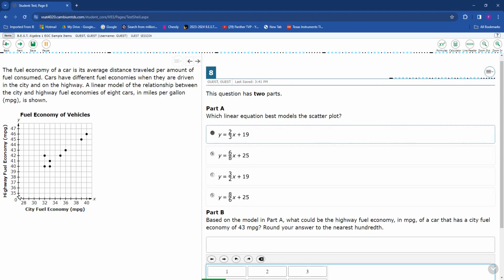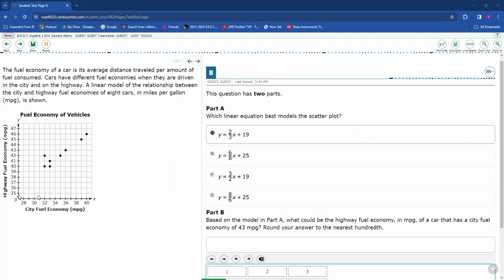Don't forget to read your labels. If I move this bar, you can see that the y-axis says highway fuel economy versus the x-axis city fuel economy. So we're looking for y. We have the equation now. We just need to plug in y.